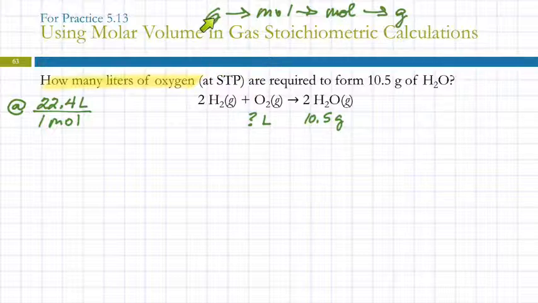So we are starting with grams, we'll go to moles, and then the ending thing, we don't want grams, we want liters. So here, instead of grams, we're going to liters. We're not specifically given a pressure and a volume, but we're given at STP, and so this is going to be our conversion factor. If we were given another pressure and temperature, then we'd have to use the ideal gas law to do that last step.